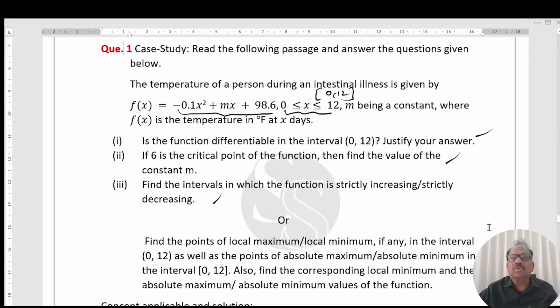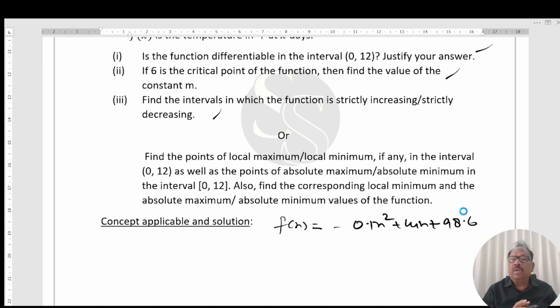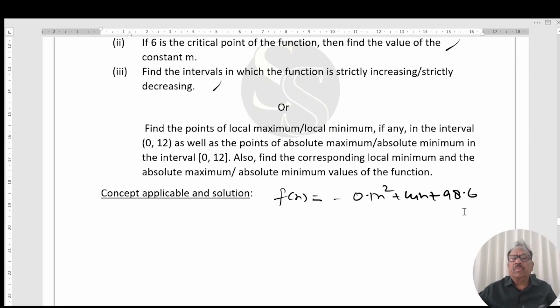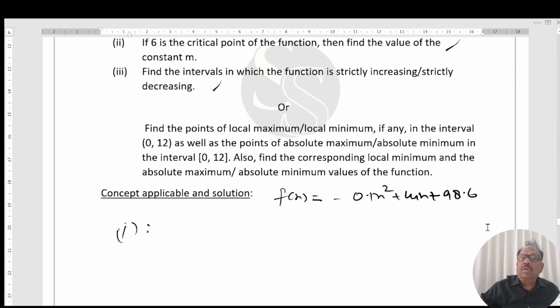Let's start the question. The function is f(x) equal to minus 0.1 x square plus mx plus 98.6. I think this is the correct one. Yes. First requirement: is it differentiable in the interval?